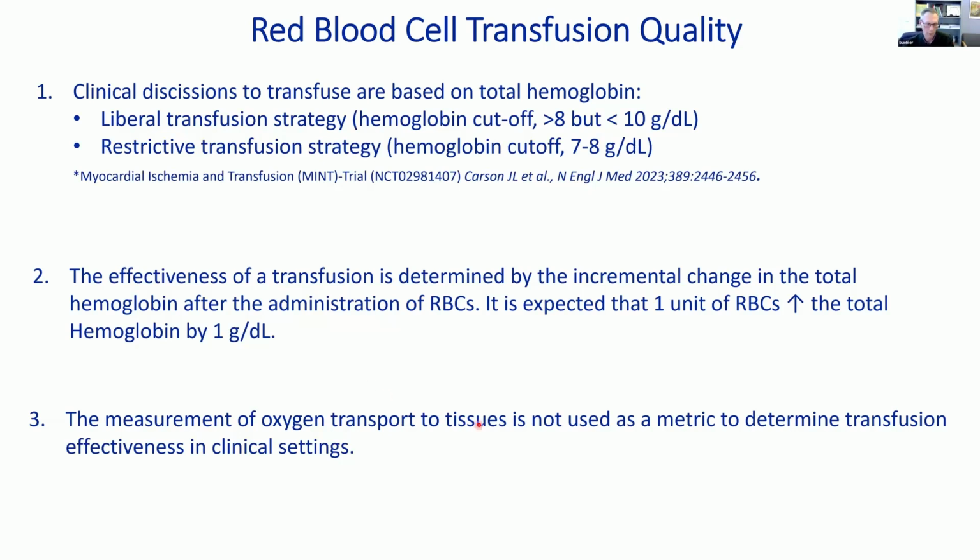But we do not measure that, which is amazing, because if you're treated with an antihypertensive, you get your blood pressure checked and dose adjusted based on that. Where here you're basically using a clinical judgment kind of blindly to make assumptions about whether to transfuse again or not transfuse again.